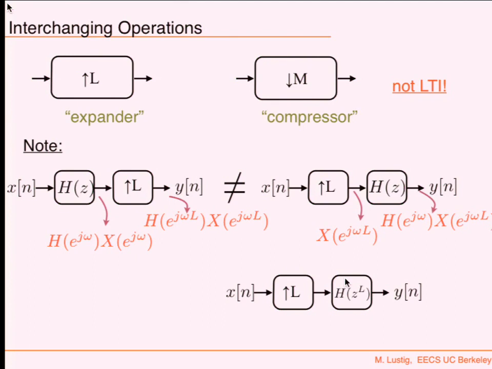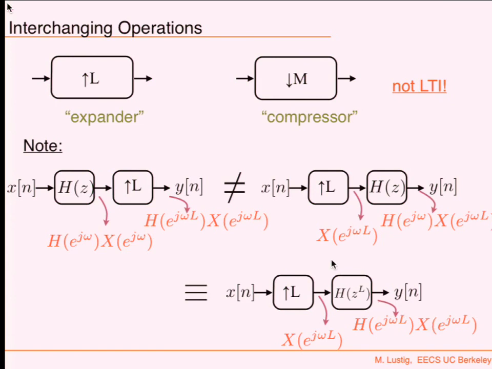We're going to filter with H(z^L), which is a compressed version, compressed in the frequency domain, expanded in time, version of the filter. Okay? That will give me exactly the right thing. So I can exchange those, first do upsampling, then filtering, by taking my filter and compressing it, okay, in the frequency domain.